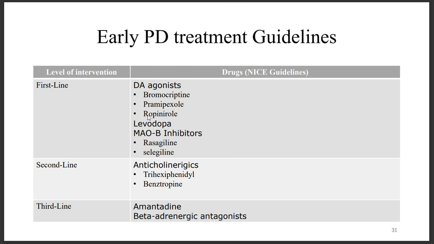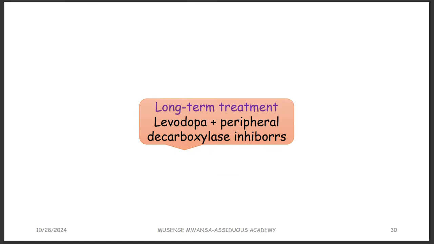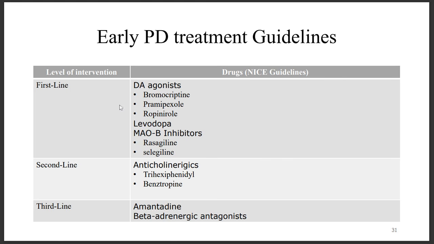Okay, BPR right there. And then you have got the levodopa that you can give. But every time you're giving levodopa, don't forget to always give it with carbidopa. You can as well give the MAO-B inhibitor. So you still have your selegiline and your rasagiline. Not too different from here, just that here we had antimuscarinics as the initial treatment.